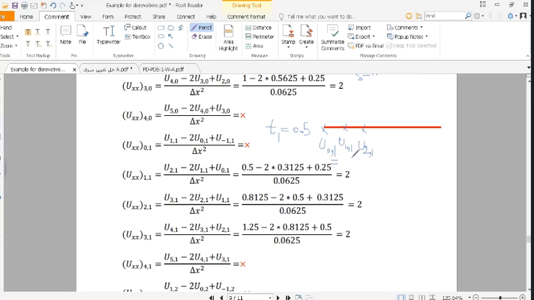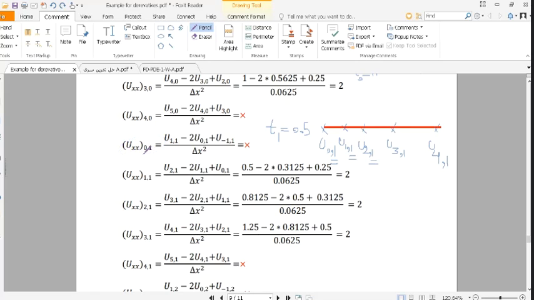For all points, the second index is 1: 0 and 1, 1 and 1, 2 and 1. The next point is U3 and 1. And finally, for the last point, we have U4 and 1. Okay?